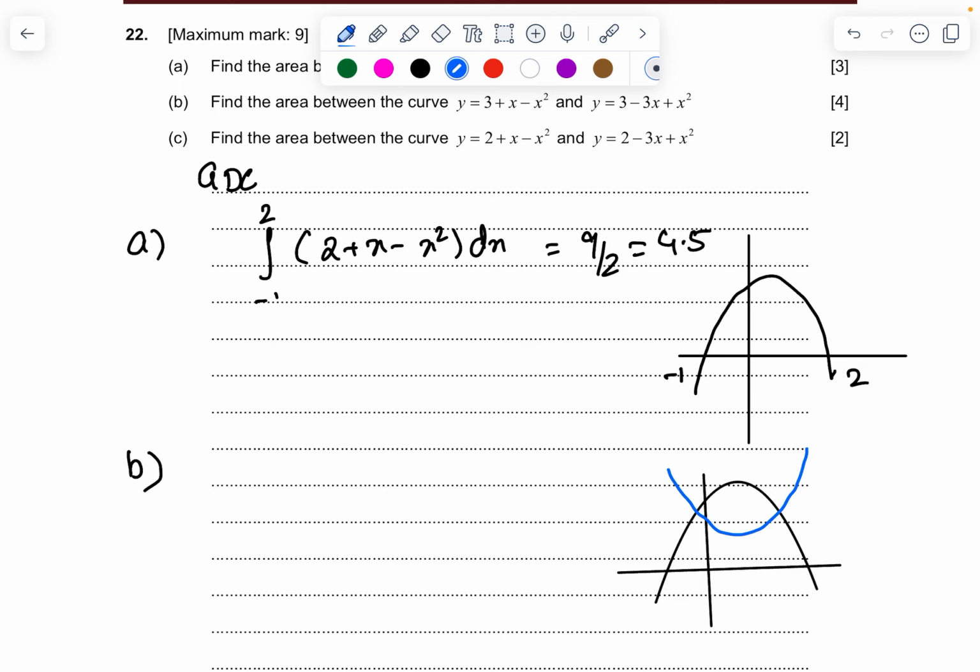0 and 2. They do intersect at 0 and 2. This is the shape of the graph.